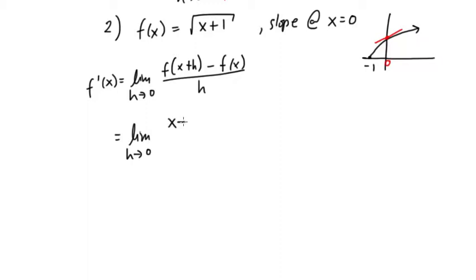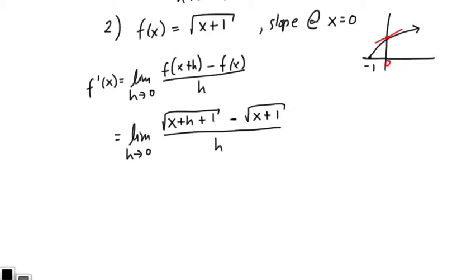So this is going to be x plus h; all you're doing is taking the x plus h and subbing it into the x. So plus 1, we've got the square root there, minus the original function, which is the square root of x plus 1, over h. If you recall, the way to find the limit when we have square roots is to multiply by its conjugate.